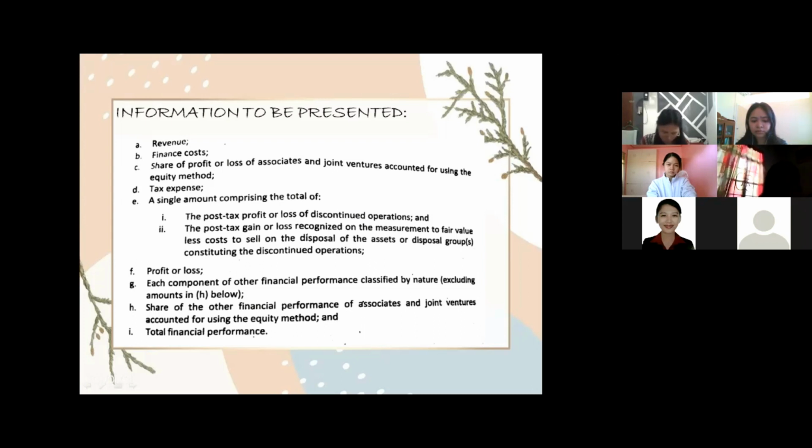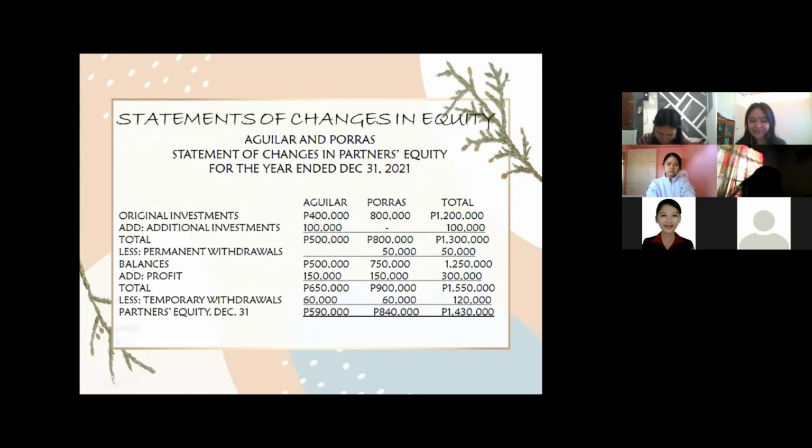F, profit or loss. G, each component of other financial performance classified by nature, excluding amount in H below. H, share of the other financial performance of associate and joint venture accounted for using the equity method. And I, total financial performance.